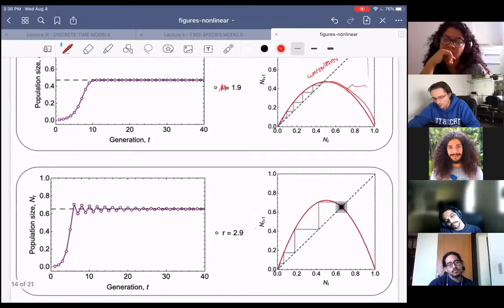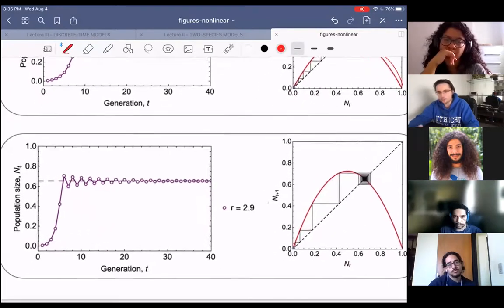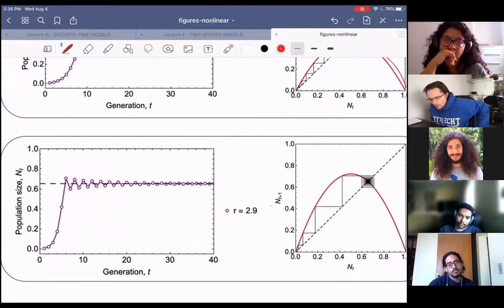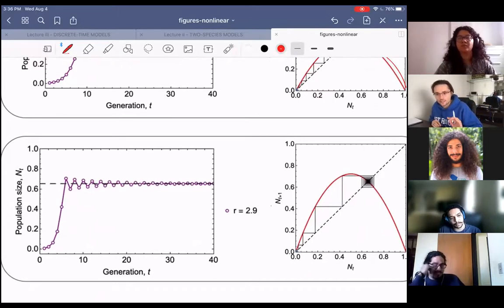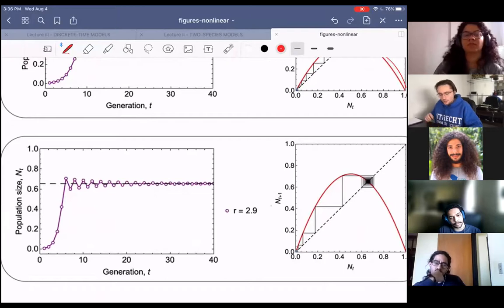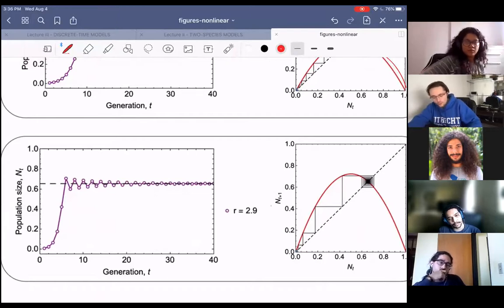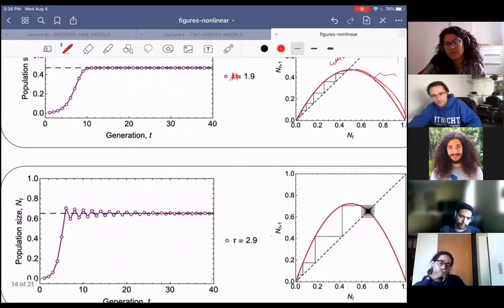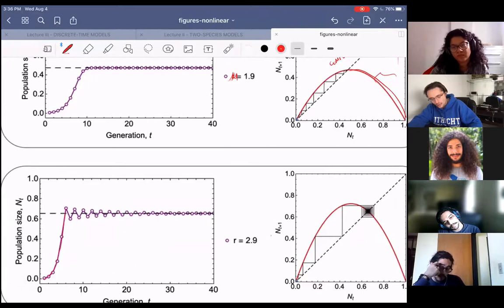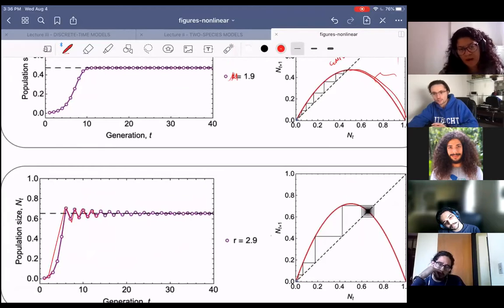But let's see what happens if we take mu into 3, but still smaller than 3, sorry. What you will see if you iterate your map, starting from the same initial condition, is that eventually you will outgrow the carrying capacity, and then you will have damped oscillations until you reach the stationary state.